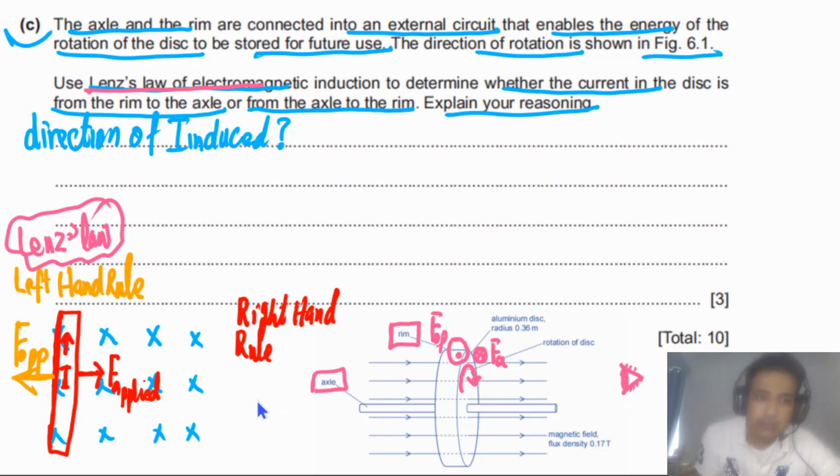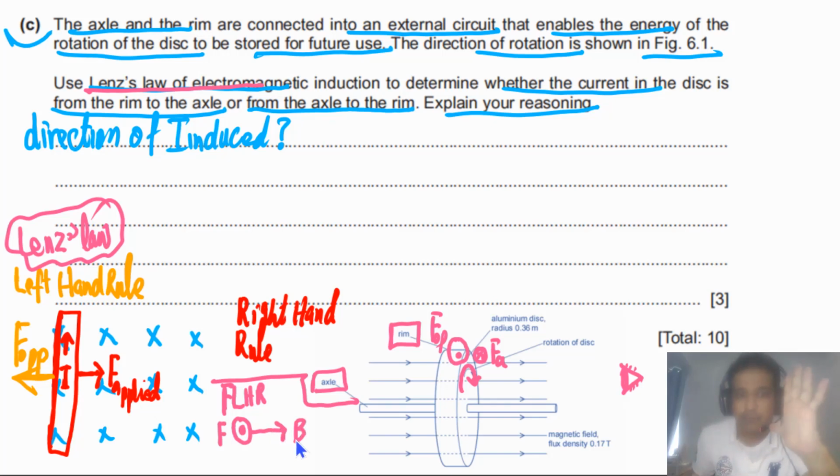Now we have the direction of the opposing force. So I'll be writing here. We will use the left hand rule. We have the direction of the opposing force that is out of the page. So this is the direction of the opposing force. This is out of the page and magnetic field in this case is to the right. So you have to use your left hand.